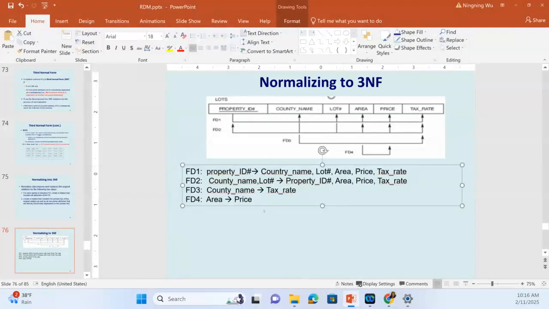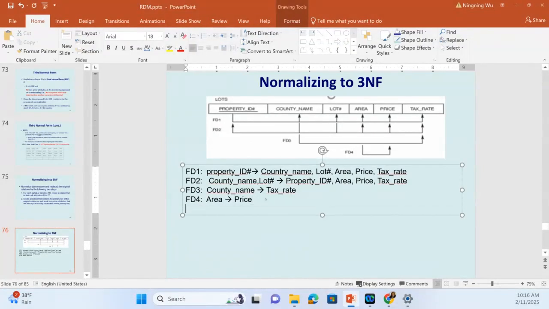Based on FD1 and FD2, we can tell that county name and lot number together is a key.